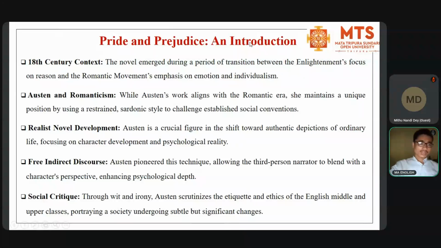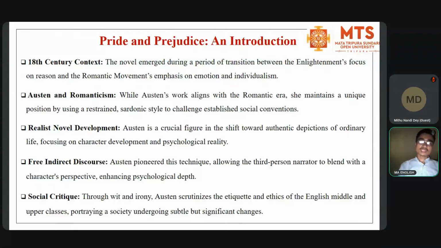For the third point, realist novel development: in this period, the novel developed in a realistic way, where the storyline, the plot, the sequence of events and incidents are very realistic and relatable. We can connect them with our own personal or practical experience.